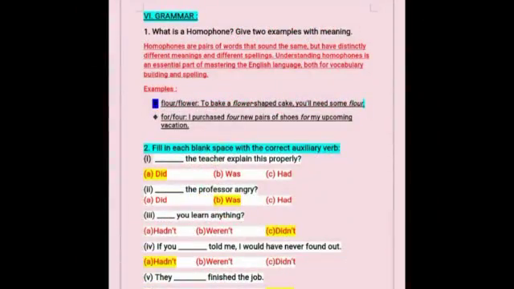Okay? So now we are going to start with grammar, children. I told you to read what are homophones, homographs and many things, isn't it? Now, what are homophones? Give two examples. Homophones are pairs of words that sound the same but have distinctly different meanings and different spellings. Understanding homophones is an essential part of mastering the English language, both for vocabulary building and spelling.